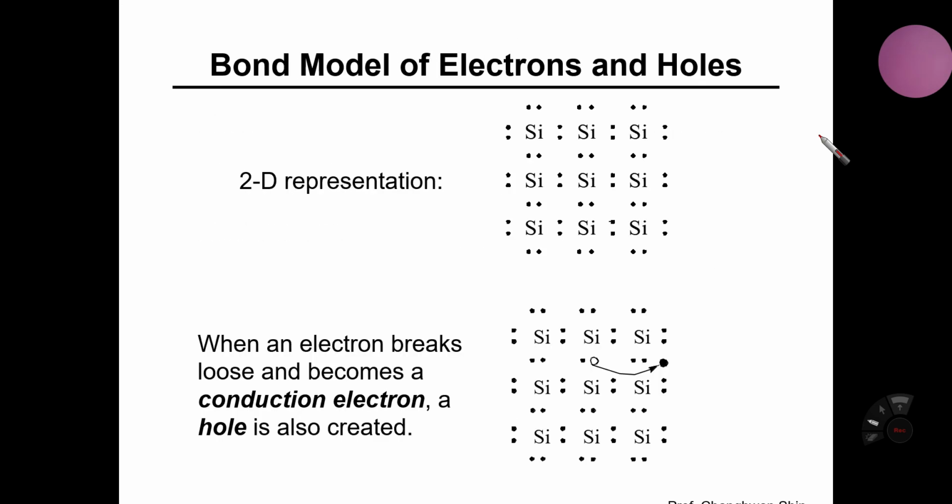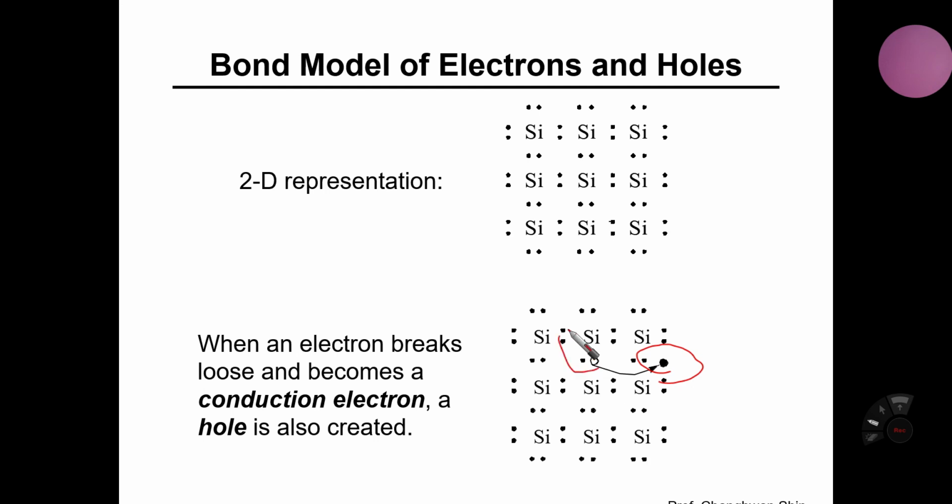Let's go back to this slide again. At room temperature, a certain amount of electrons which originally participated in building up the covalent bonding in silicon crystalline material can be released or become conduction electrons, so that a hole is created in pairs, which is denoted as EHP, electron-hole pairs. And the total number of free electrons, conduction electrons, in pure intrinsic silicon crystalline material is 10 to the 10 per cubic centimeter.